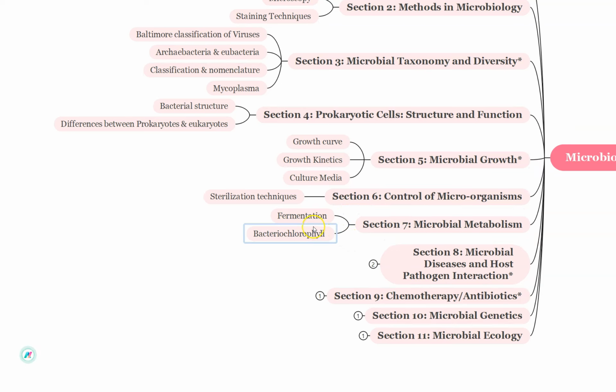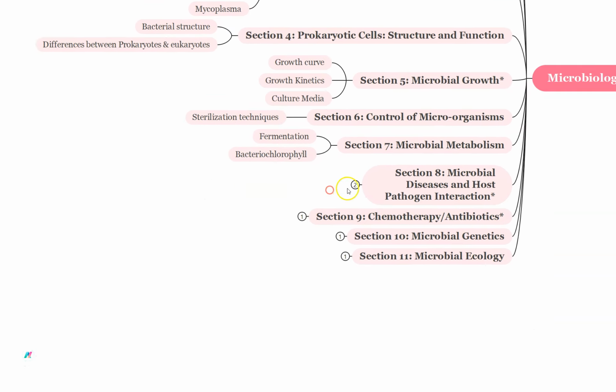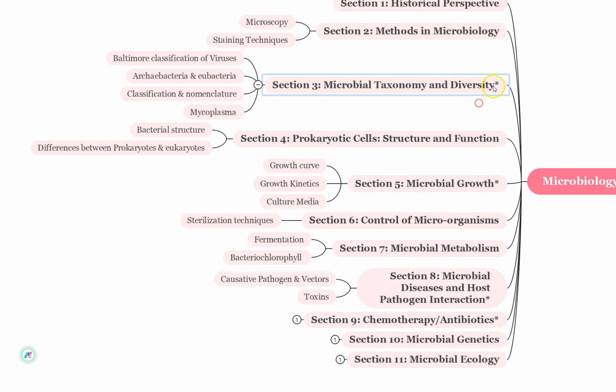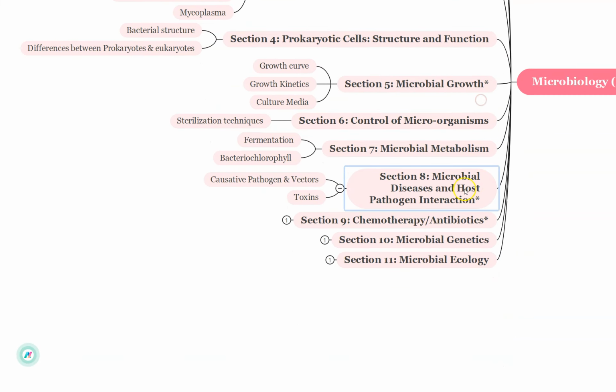Then section 7, fermentation and also bacteriochlorophyll, what are the different features you can study. Then again, this is an important topic, that causative pathogens and the vectors from section 8, which is regarding the disease and host pathogen interaction. So as you can see, the third unit and the microbial growth and this 8, 9 unit, these are very important from microbiology point of view.